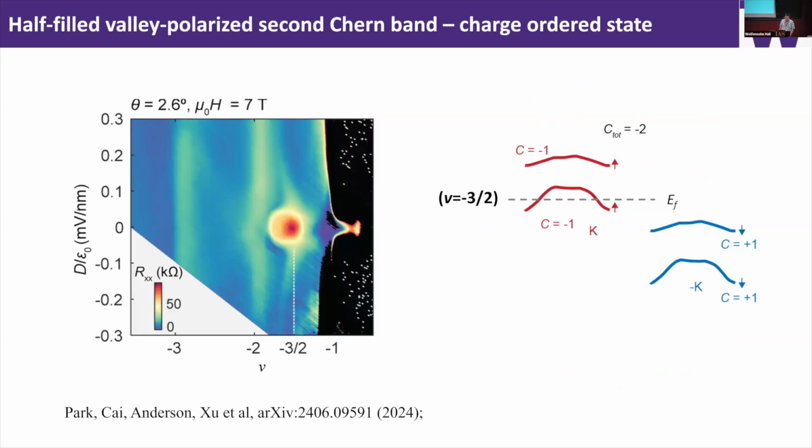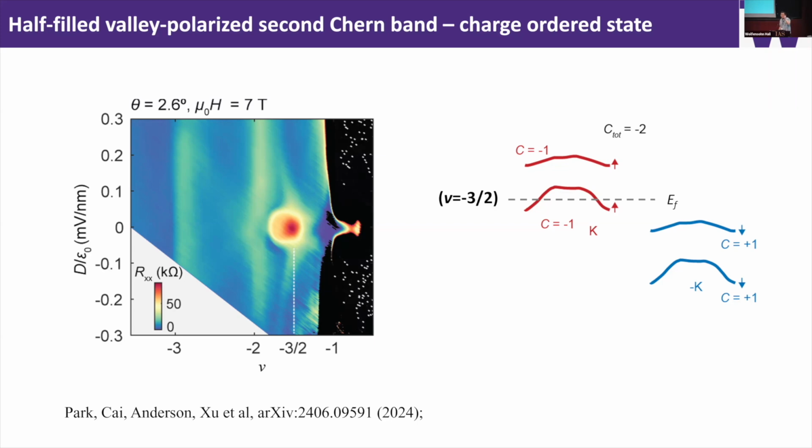So we can really kind of visualize these states a bit more. I take these measurements of RxX as a function of electric field and the filling factor at a magnetic field of 7 Tesla, where the phase transition just happened. Now you can clearly see that there's a phase space with a large RxX at a filling factor 3/2.